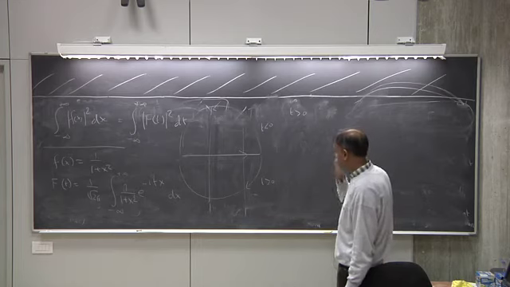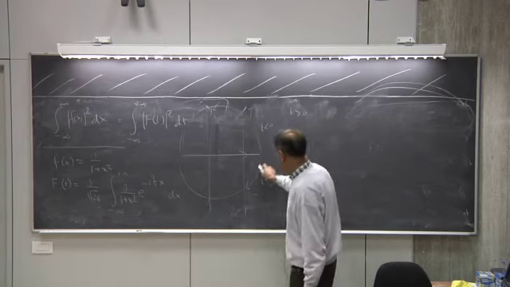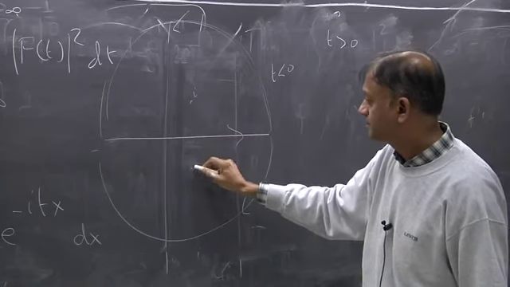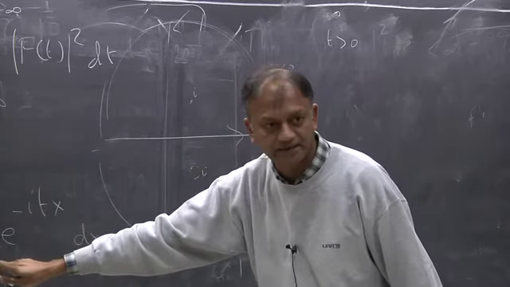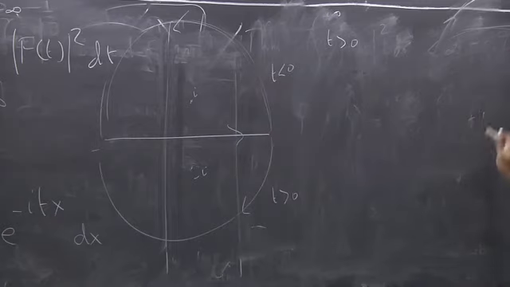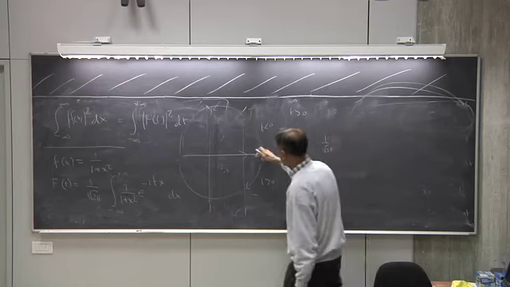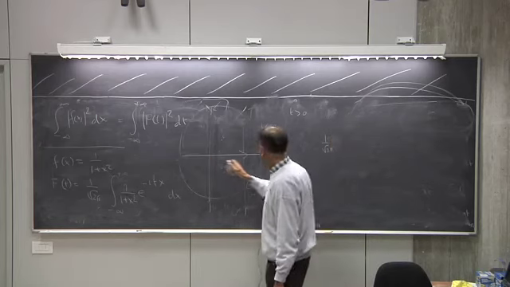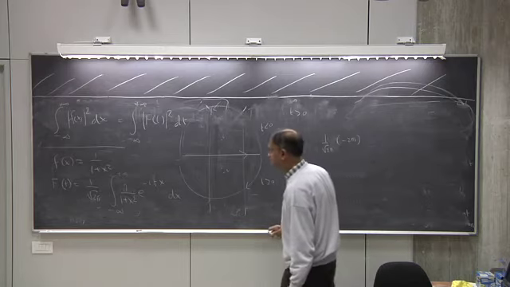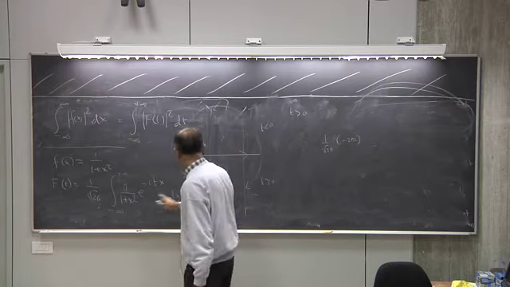In the first case, t greater than 0, you have this contour, and the poles are at plus i and minus i, where x equals plus i or minus i. So the integral gives 1 over root 2 pi. Here it's clockwise, so I have a minus 2 pi i times the residue at x equal to minus i.